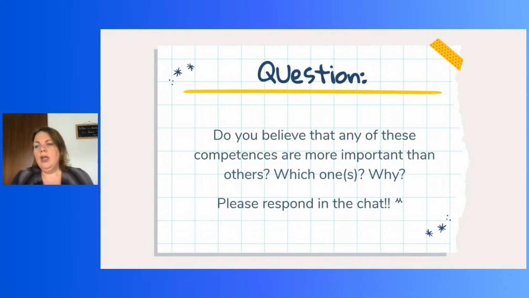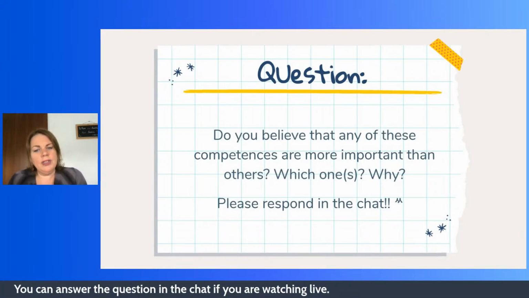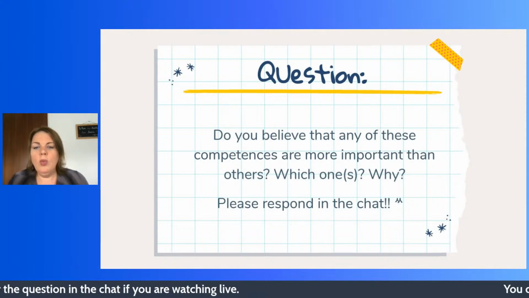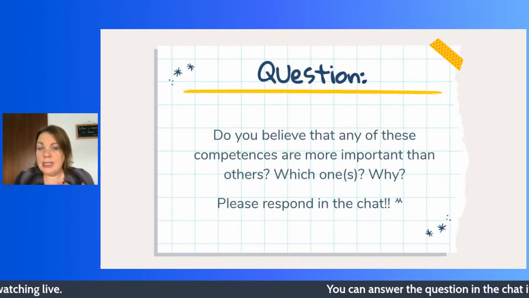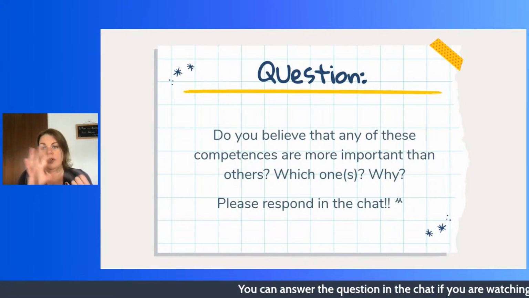Okay. Question before we proceed to how we develop these competences. Do you believe that any of these competences are more important than others? Which ones and why? So remember, we had linguistic competence, which was the structure of the language, right?